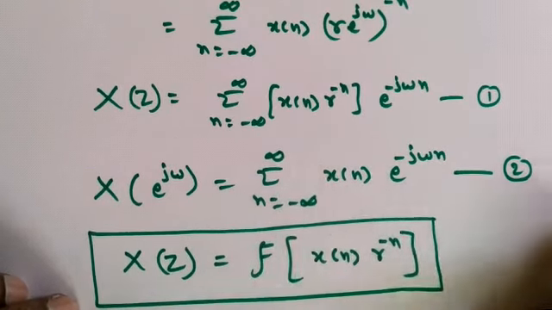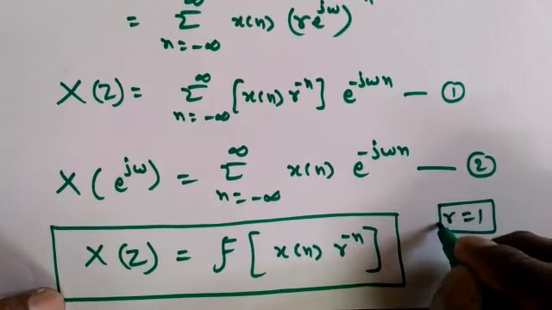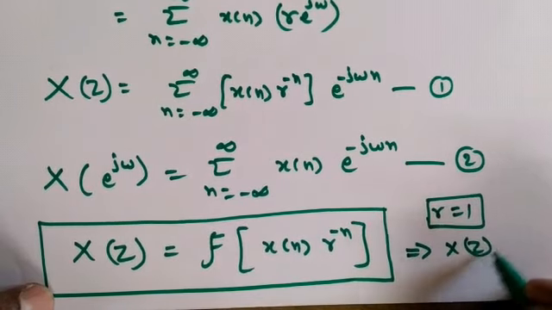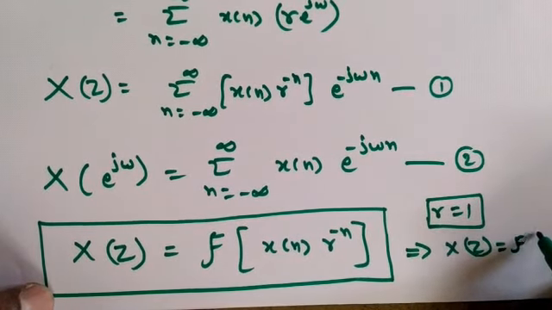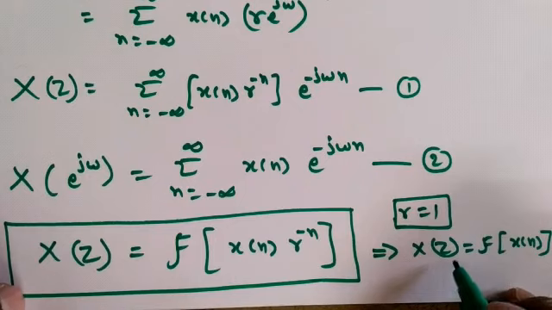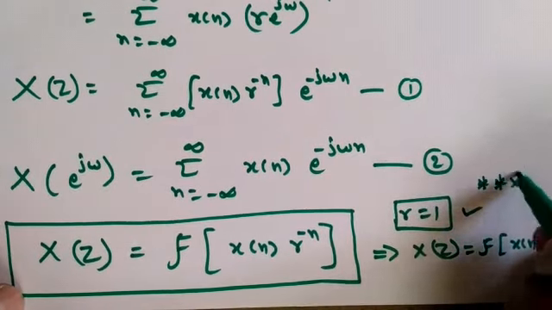Now from this, what happens if r is equal to 1? 1 power anything is 1 only. That means the z transform is equal to the Fourier transform of x of n. See here, the DTFT will be equal to the z transform when r is equal to 1. This is a very important point.